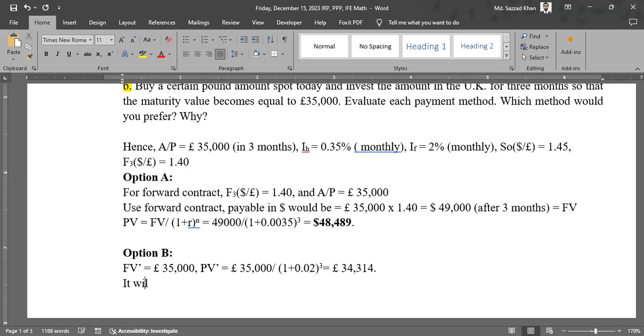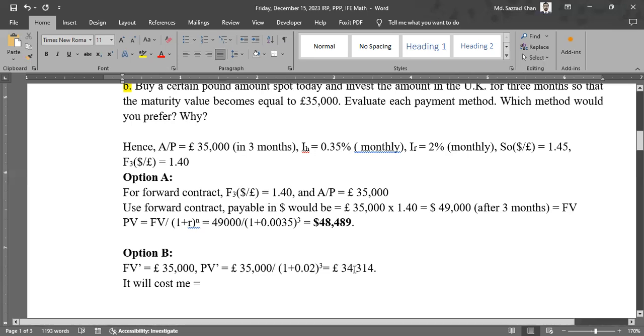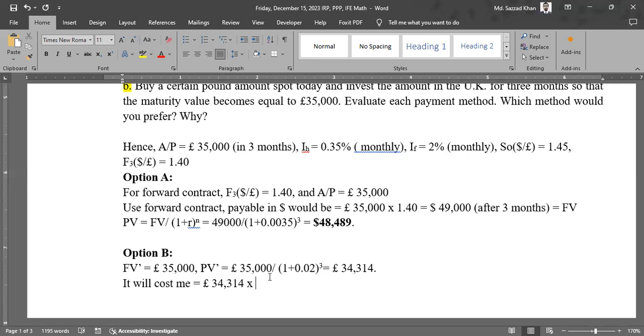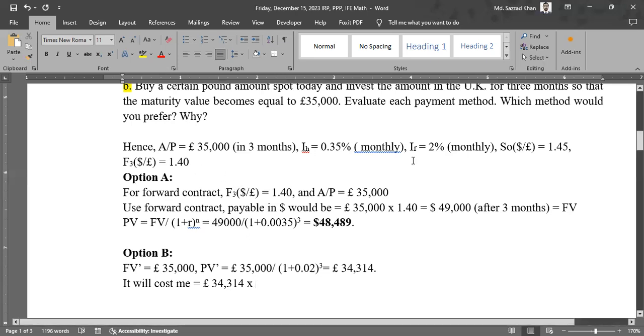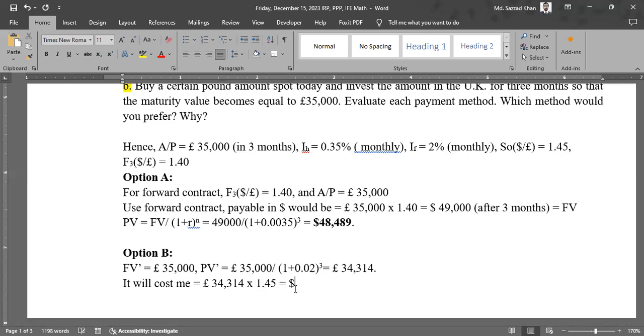It will cost me this pound amount into the current spot rate, which is 1.45, and that gives us the dollar amount.